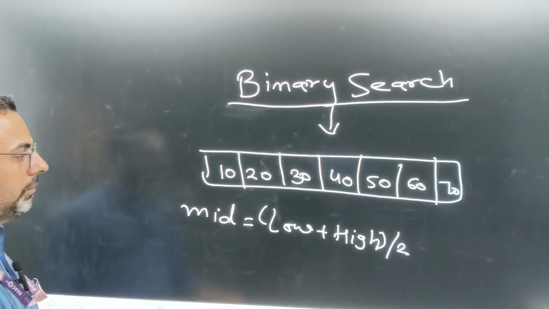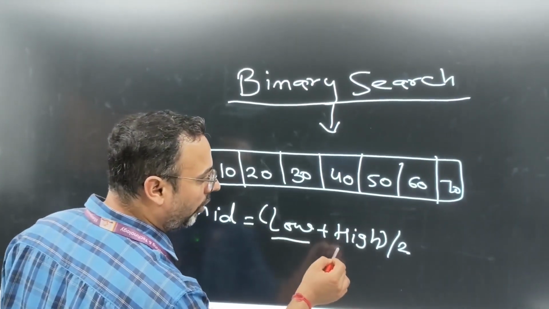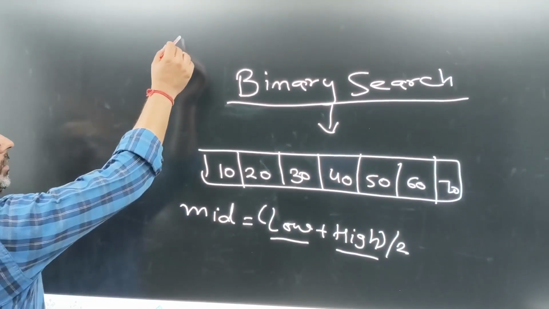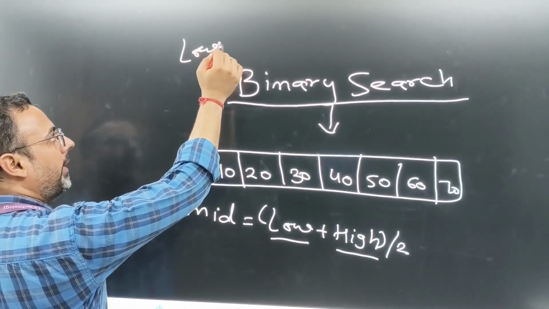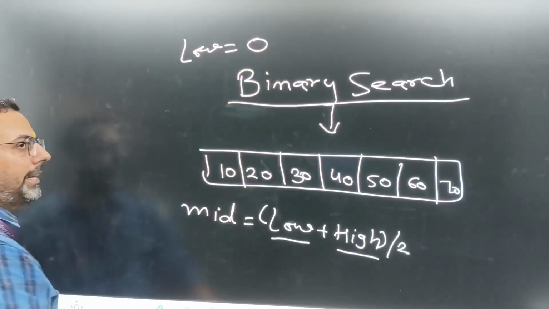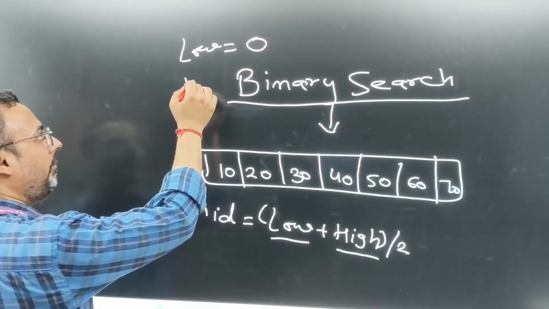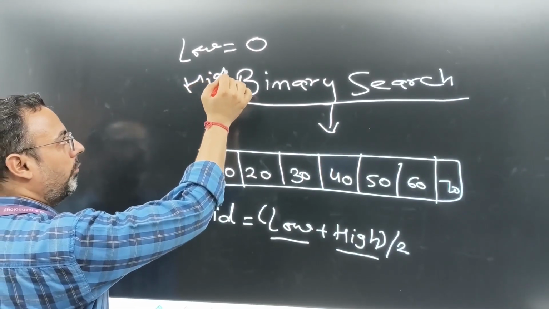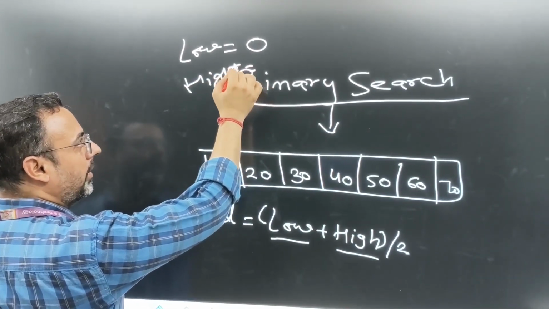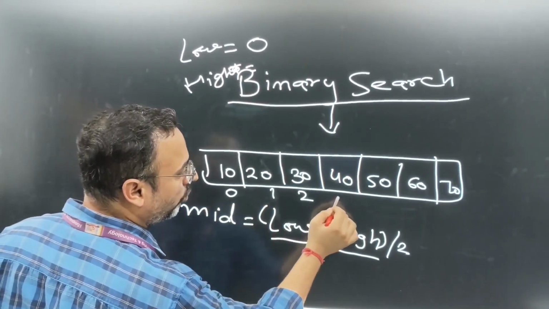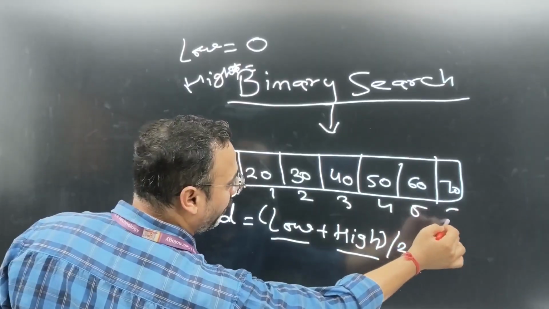But for that we need to identify the values of low and high. Initially the low value is always the first index number, that is 0, and the high value is always the last index number. The last index number is 0, 1, 2, 3, 4, 5, 6.